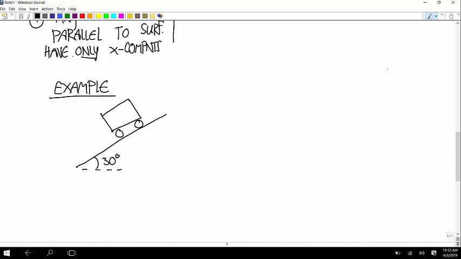Let's say the cart has a mass of 2 kilograms, and let's say that there's a 5 Newton force pushing the cart up the hill. And we want to know what's the acceleration vector of the cart.